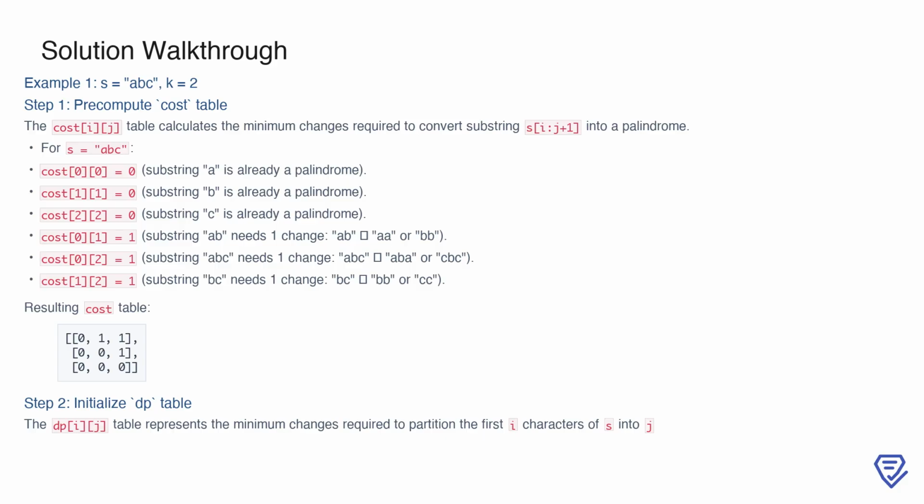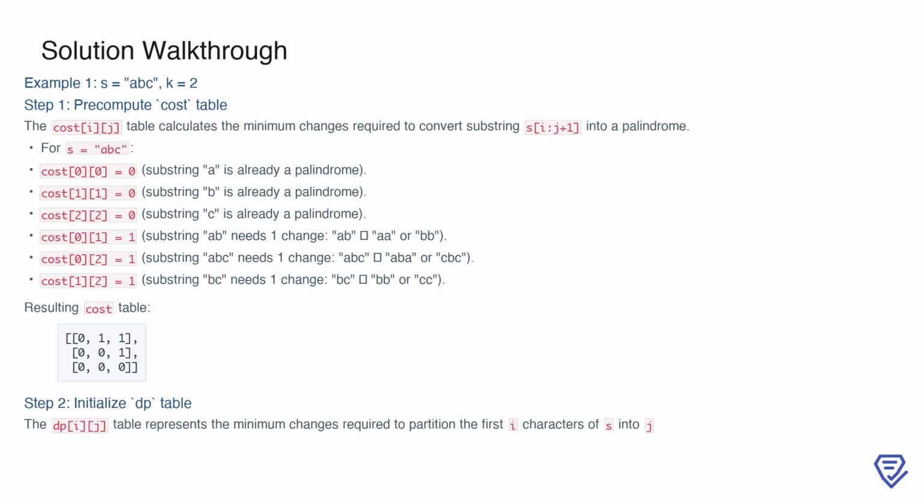For the substring AB, one change is required to make it a palindrome, either converting it to AA or BB. Similarly, for the substring BC, one change is needed. Finally, the substring ABC also requires one change, such as turning it into ABA or CBC. The resulting cost table is a matrix where each value represents the number of changes for a specific substring.